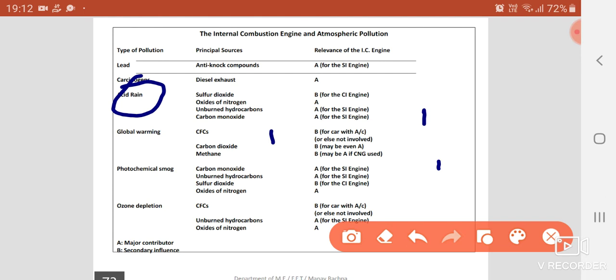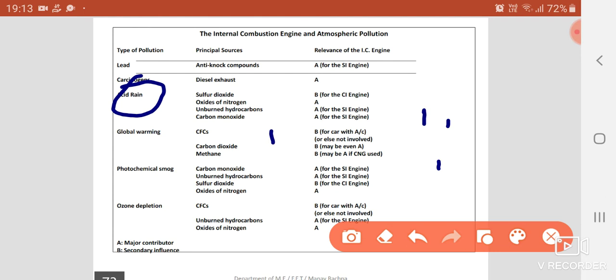If the total combustion is not there, the unburnt hydrocarbon comes along with the exhaust, and it works as a major contributor for acid rain. Then comes carbon monoxide, also a major contributor for SI engine, which is again responsible for acid rain. Not only acid rain, carbon monoxide is very bad for the human body too. It directly attacks our respiratory system.